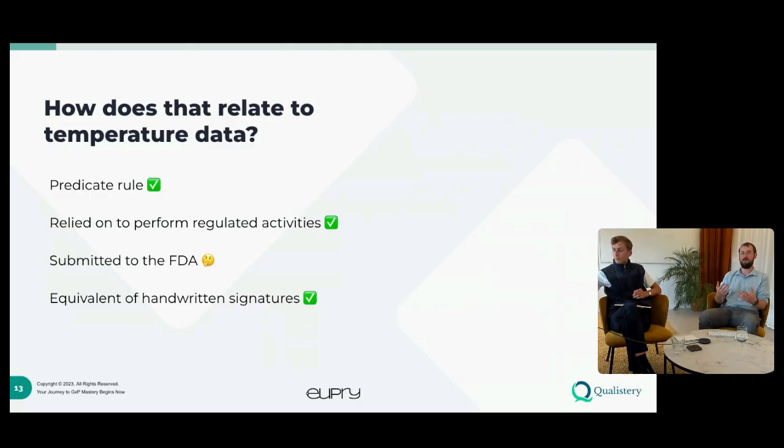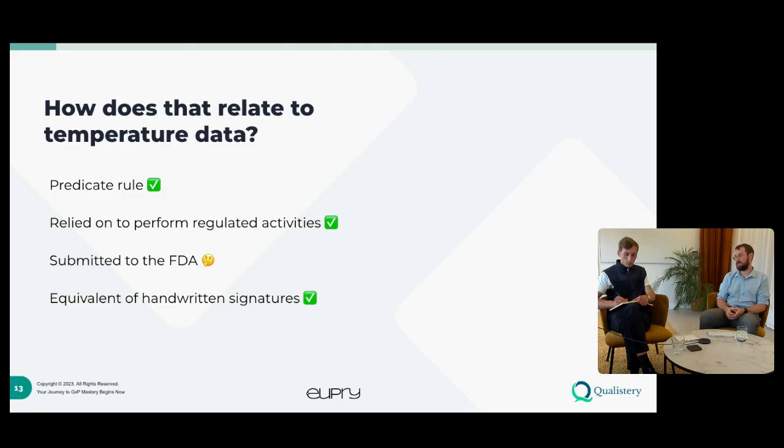In terms of temperature data, that would be records of temperatures monitored, for example. It could be records with digital signatures of reviewing processes. So you often have to do trend analysis, as an example, of the temperatures within a warehouse or fridge or freezer. That review would have to be recorded according to 21 CFR Part 11.